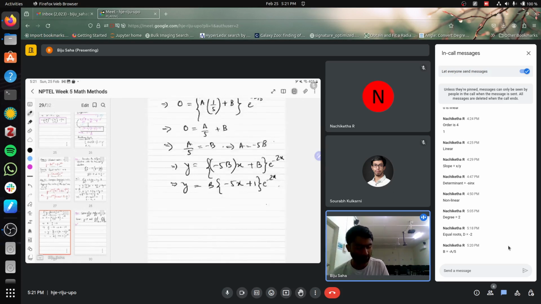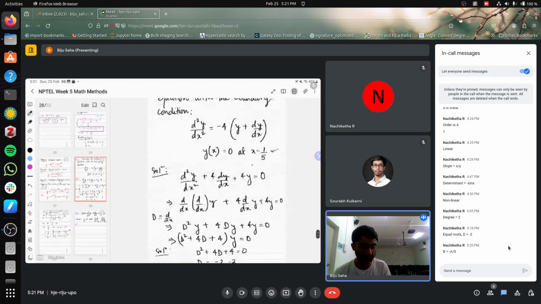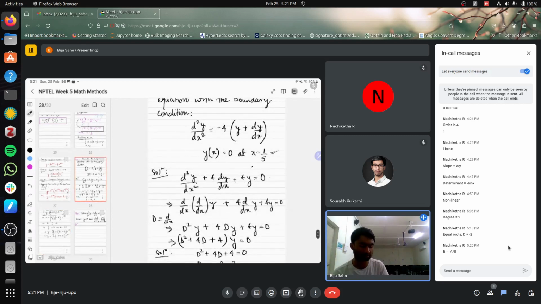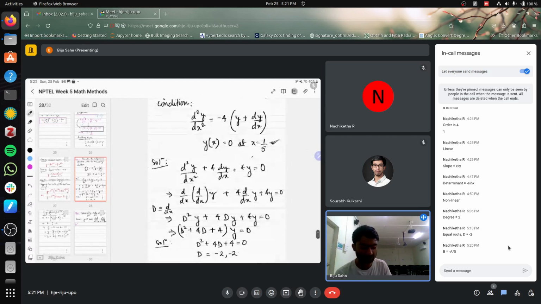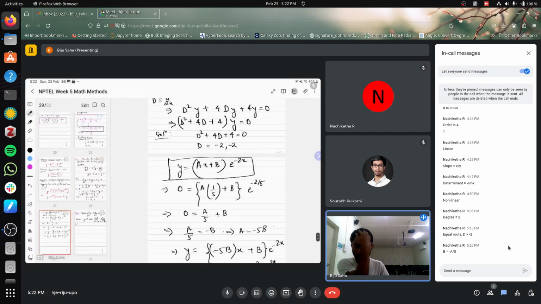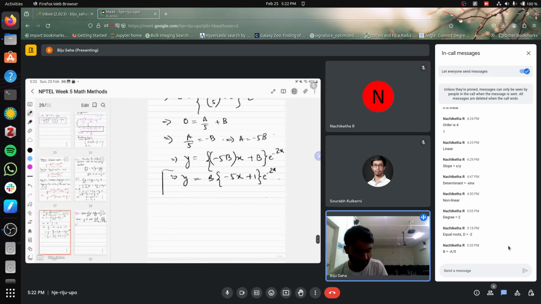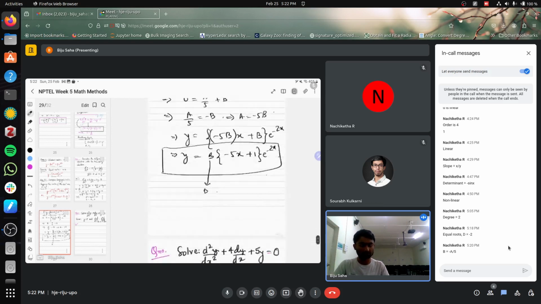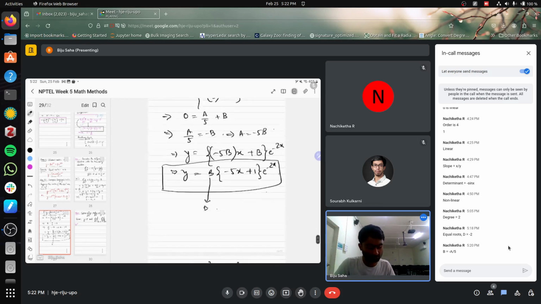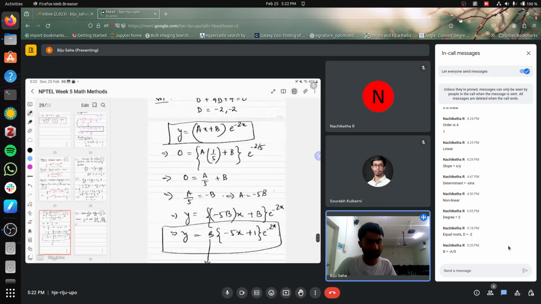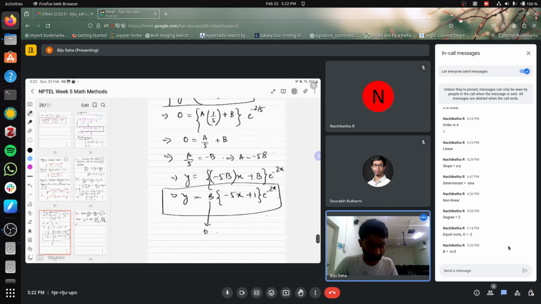At the end what we did is we put a given condition, this particular initial condition. Since we have one initial condition, we could extract information about one unknown variable. Right now my solution has one unknown variable, that is b.